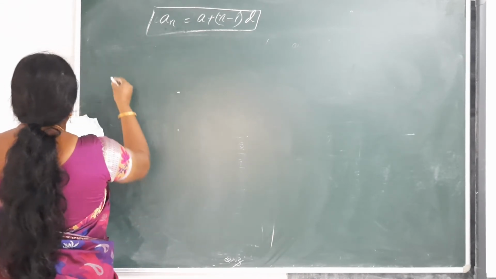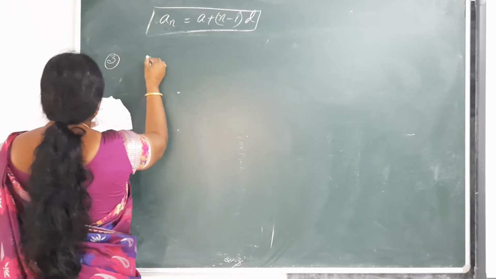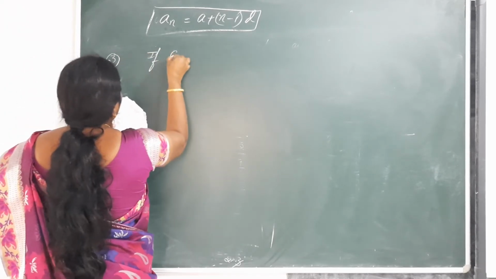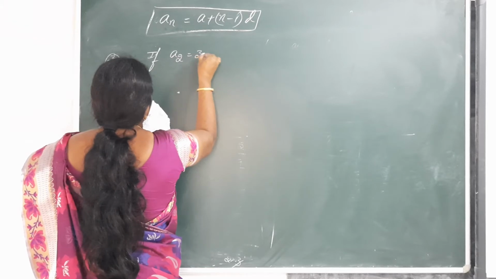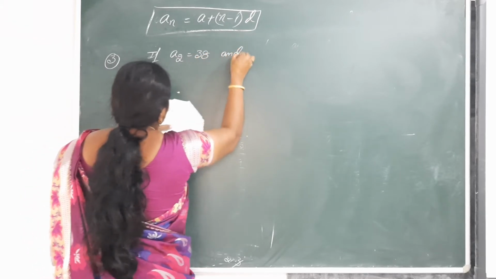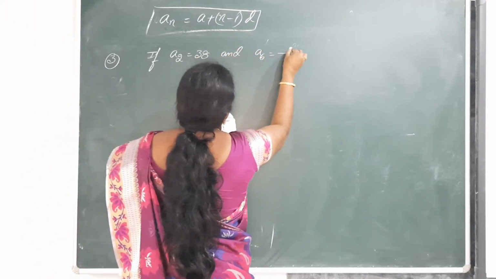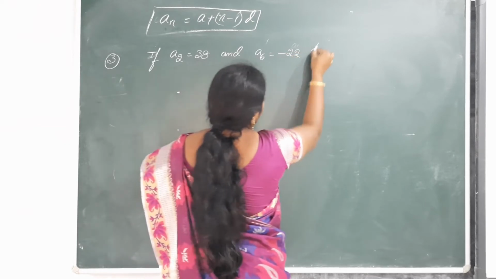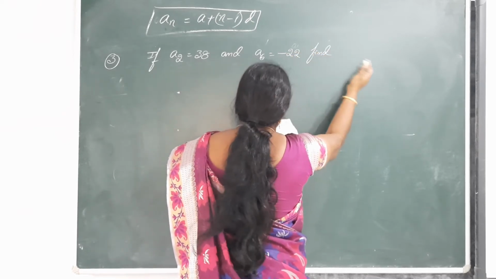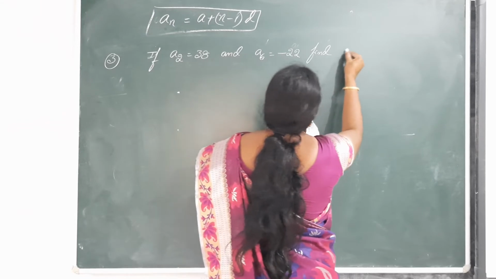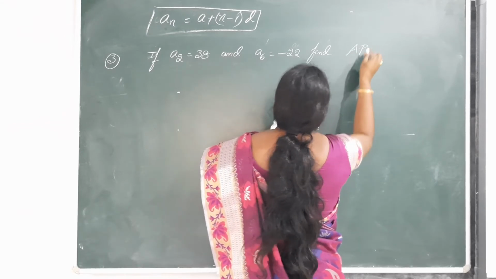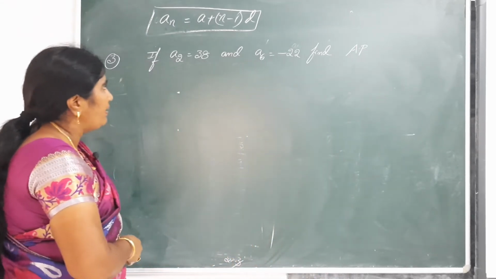Next, let us see another model. If A2 equal to 38 and A6 equal to minus 22, find the AP.